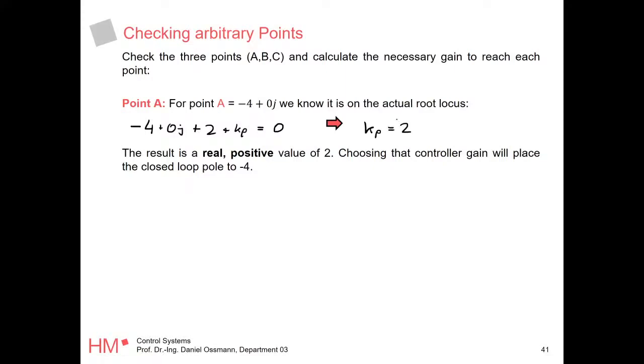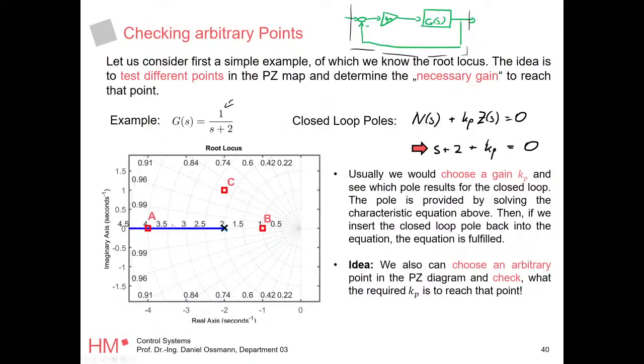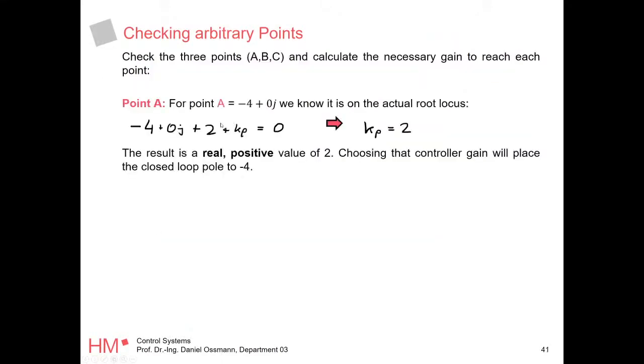So this is trivial, right? This should be doable for everyone. If I give you a PD1 system and say, please place the pole at -4 in a closed loop, you should be able to compute the gain to do so. This is what we have done here. Obviously, you can ignore this part because -4 does not have an imaginary part.